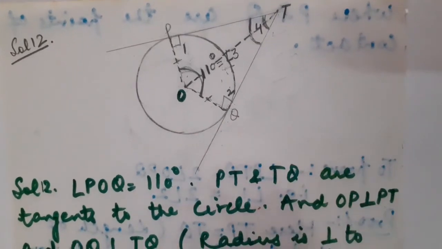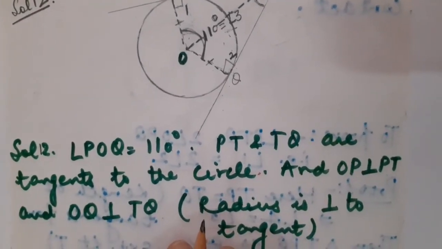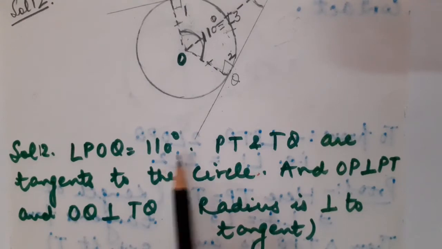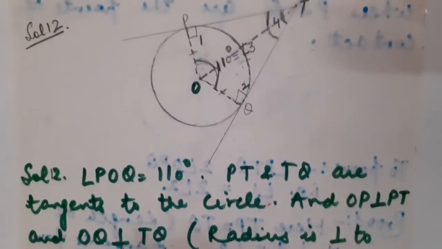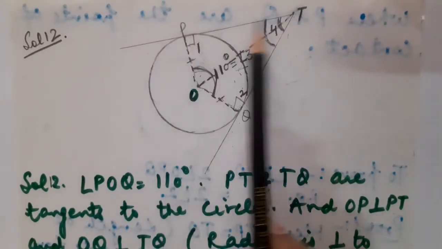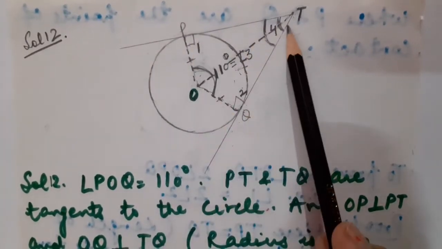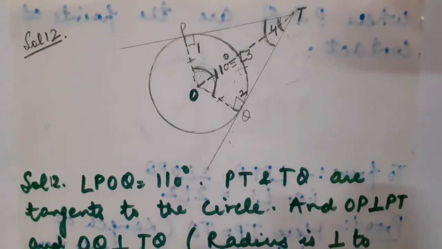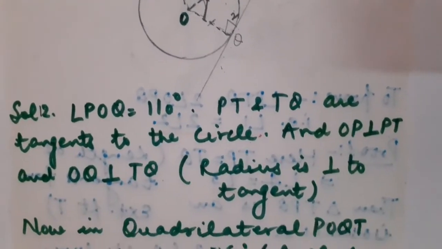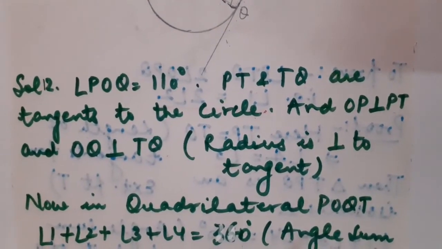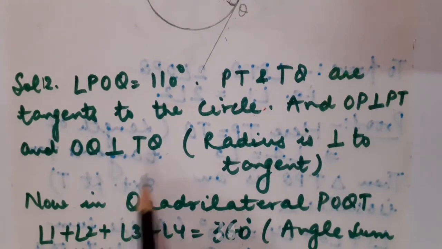Fine, children? So what is given? Angle POQ is equal to 110 degree. TP and TQ are the tangents to the circle. So it means OP must be perpendicular to TP and OQ will also be perpendicular to TQ, as the radius is perpendicular to the tangent at the point of contact.